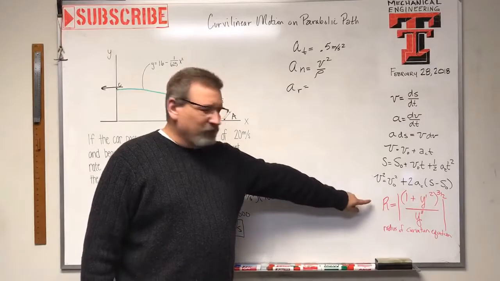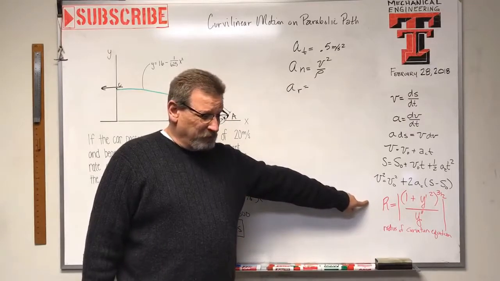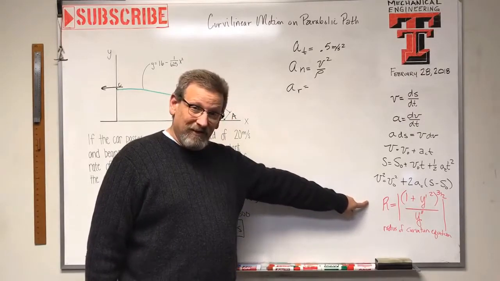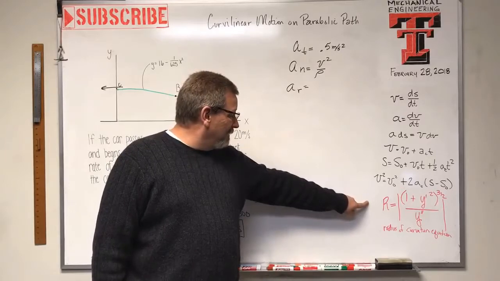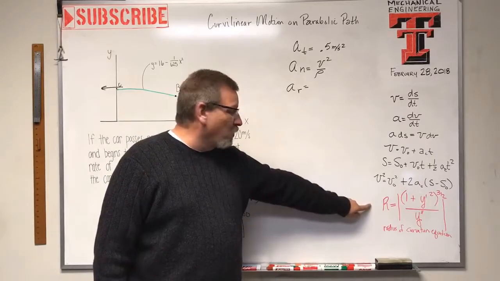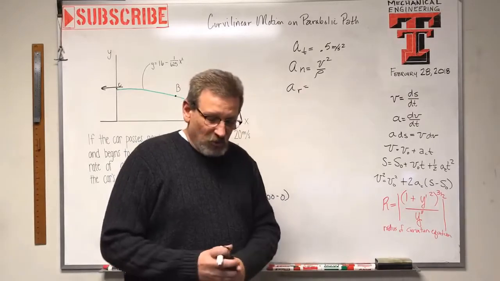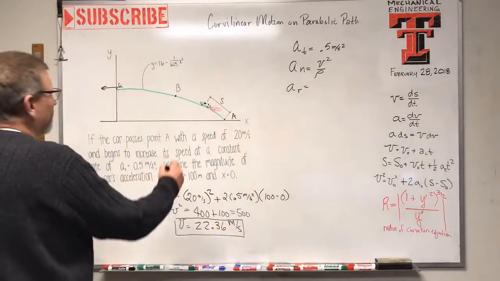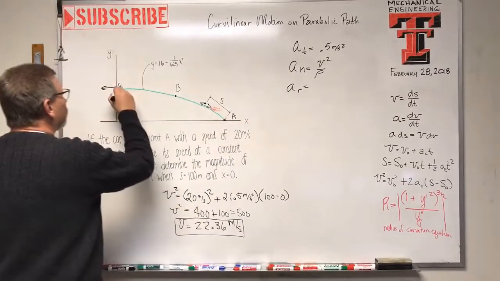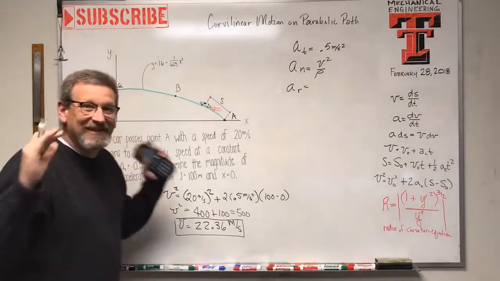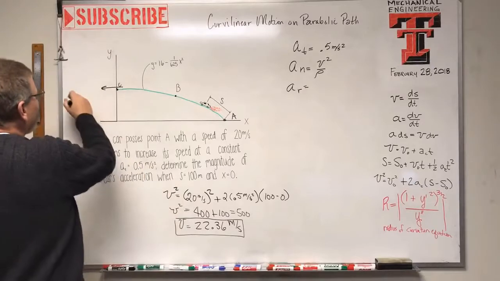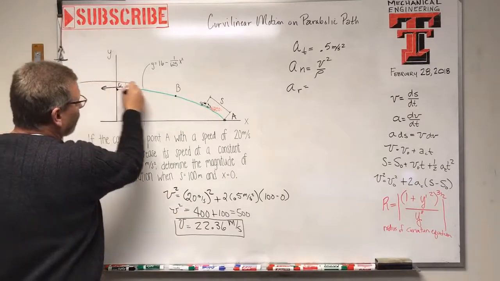In calculus, you maybe don't remember this, but you should have derived a radius of curvature equation using calculus. If you think about it, this is one point on the curve and this is another point on the curve, and I have some gigantic circle. It's so big I can't even put it on my board.